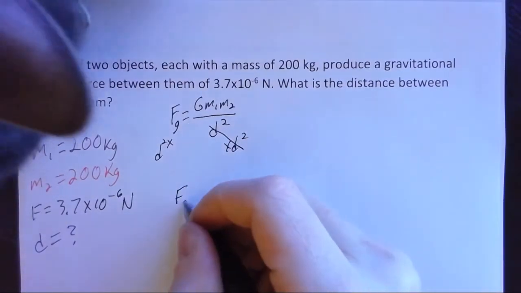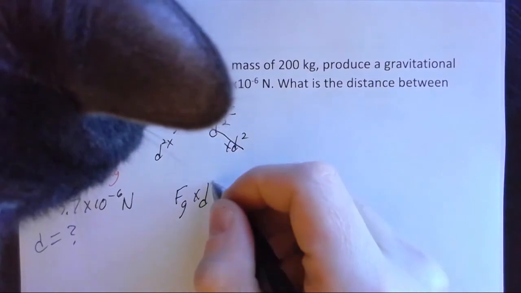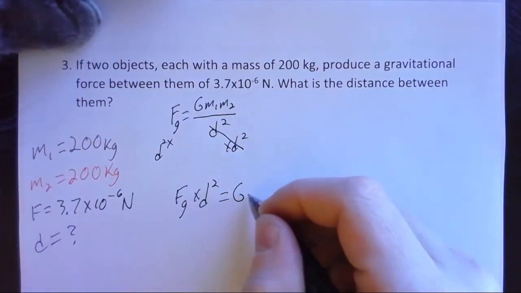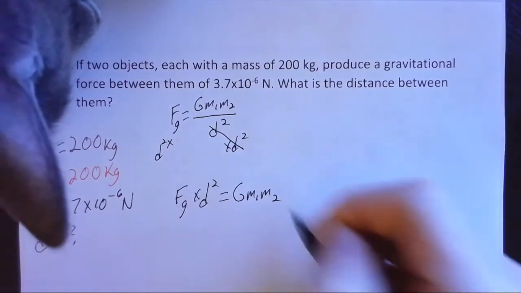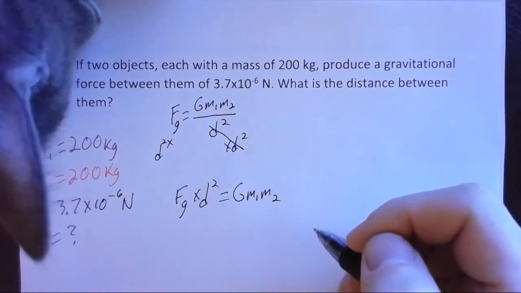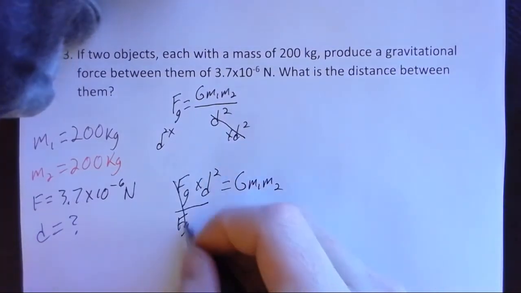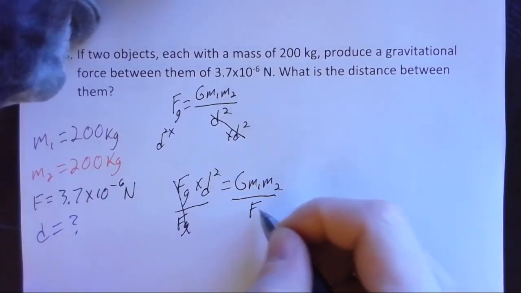This gives us the force of gravity times the distance squared is equal to the universal gravitational constant times the mass of the first object times the mass of the second object.